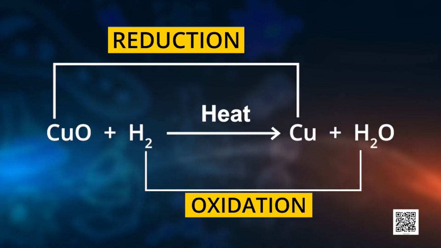And if a substance loses oxygen during a reaction, it is said to be reduced. Now, what happened during this reaction? Copper oxide is losing oxygen and is being reduced. And hydrogen is gaining oxygen and is being oxidized.